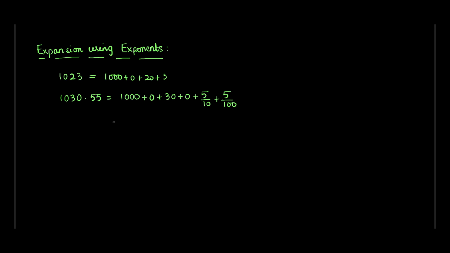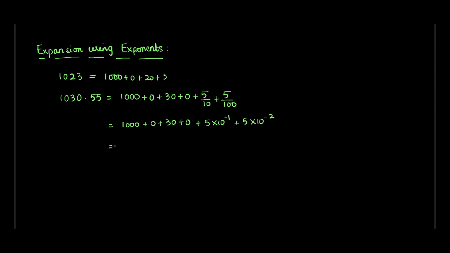Now in this chapter, what we'll do is we'll write it as 1000 plus 0 plus 30 plus 0 plus 5 into 10 to the power minus 1 plus 5 into 10 to the power minus 2. Okay.